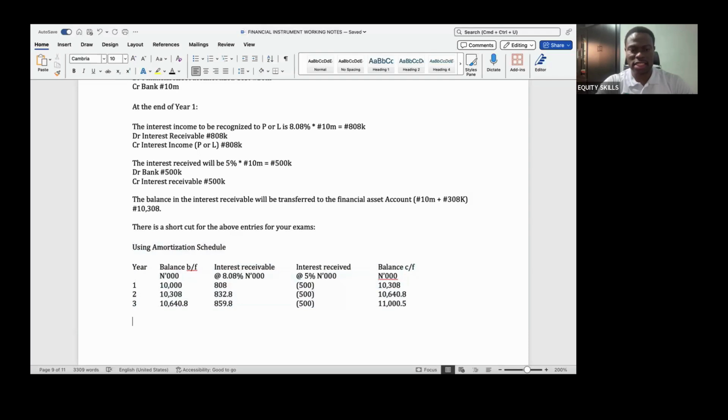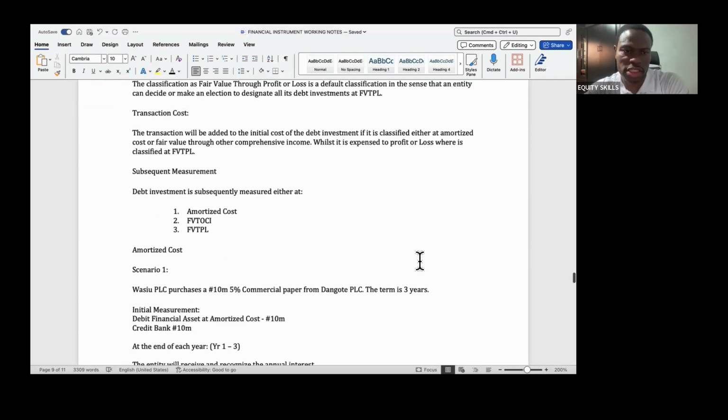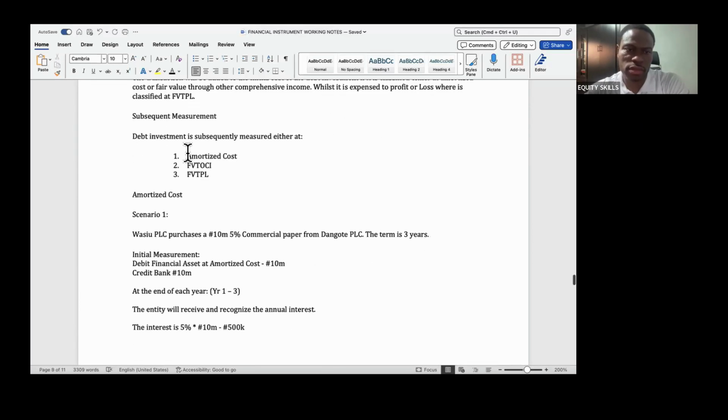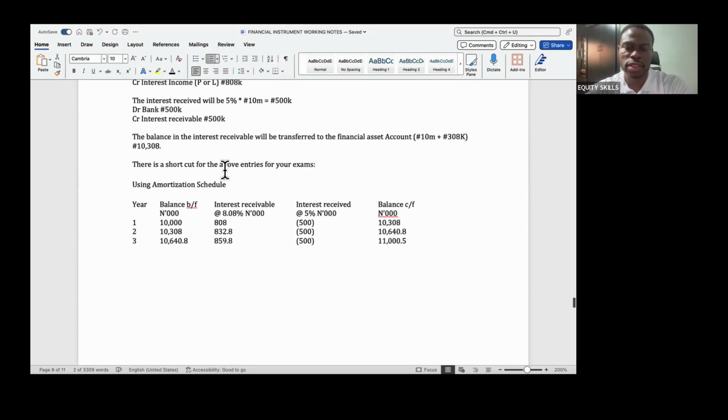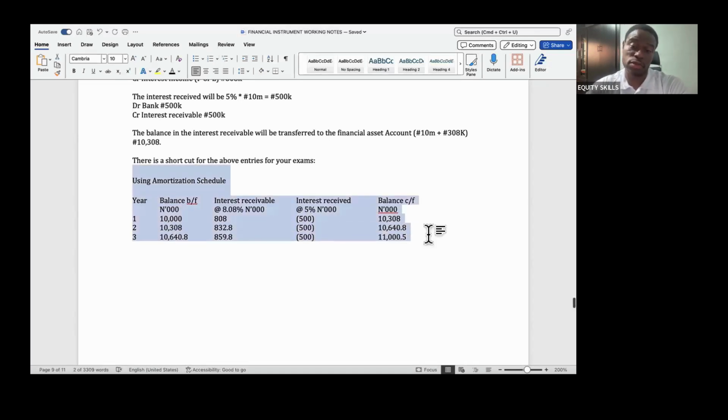So that's debt investment, and don't forget that there are 3 classifications. I've majorly talked about amortized cost because this one is straightforward. The others are fair value through OCI and fair value through P&L. Even if you are using fair value through OCI or fair value through P&L, you will still have to do this schedule.